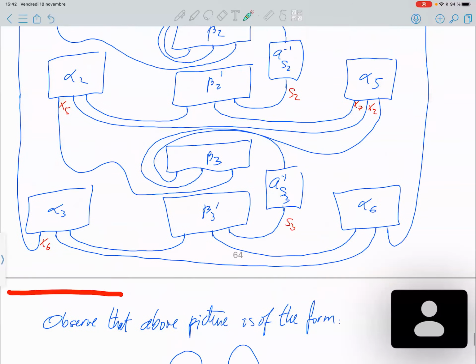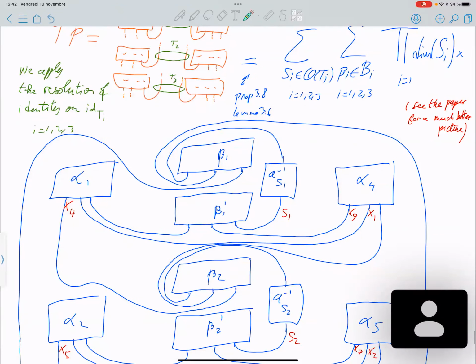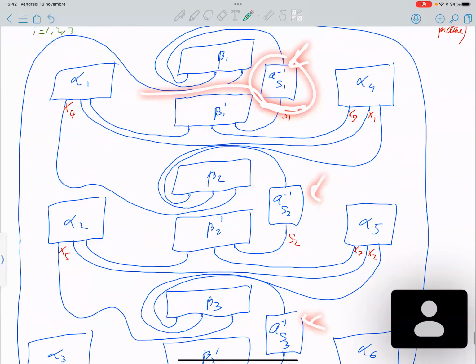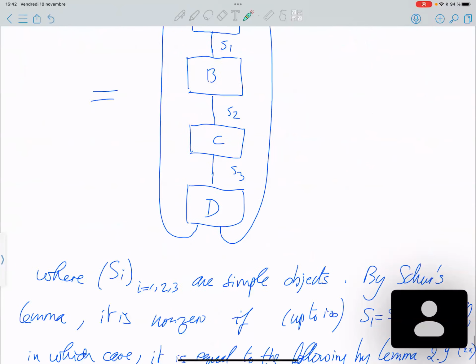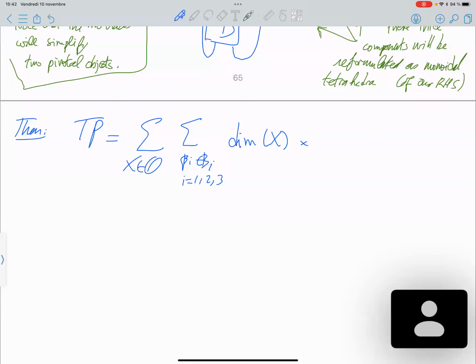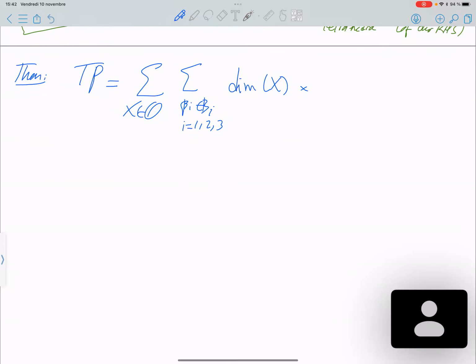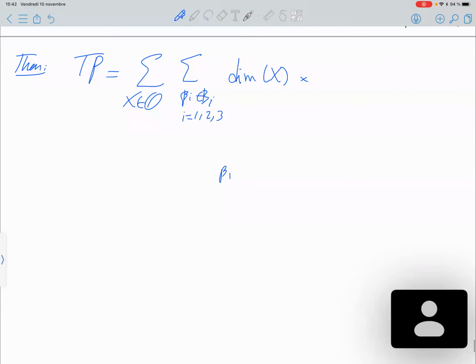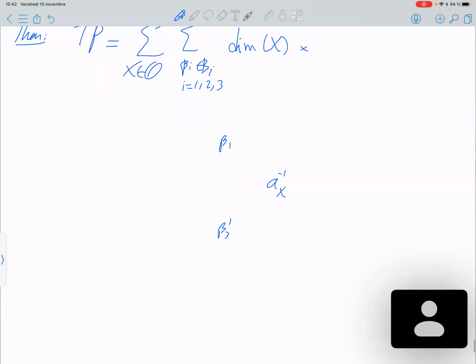And you will have this pivotal structure because you take it from here. So you keep it. Only this one and this one will be simplified, and this one will appear. So you get the first picture like that. Beta 1, beta 3 prime, A inverse X, alpha 3, alpha 6.